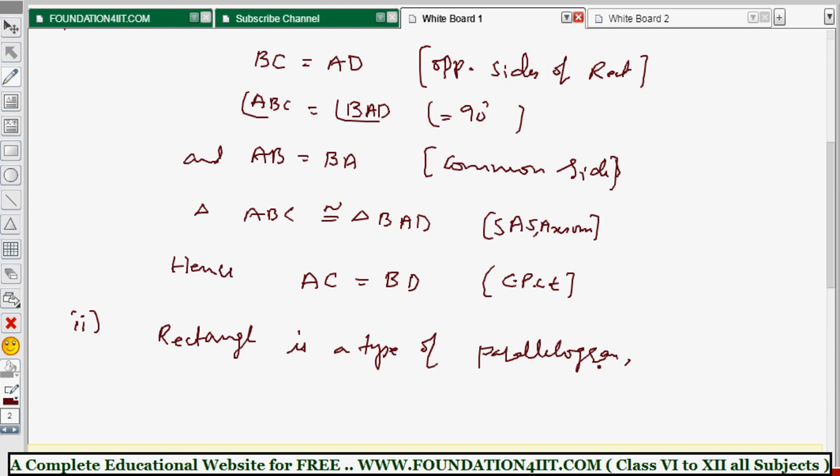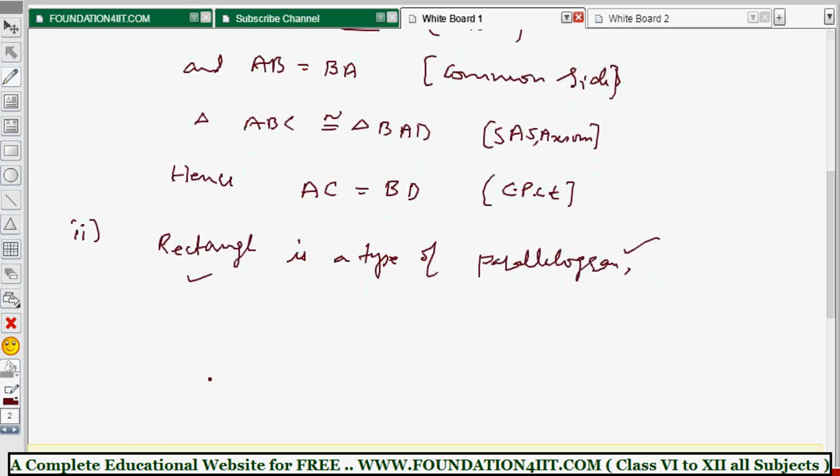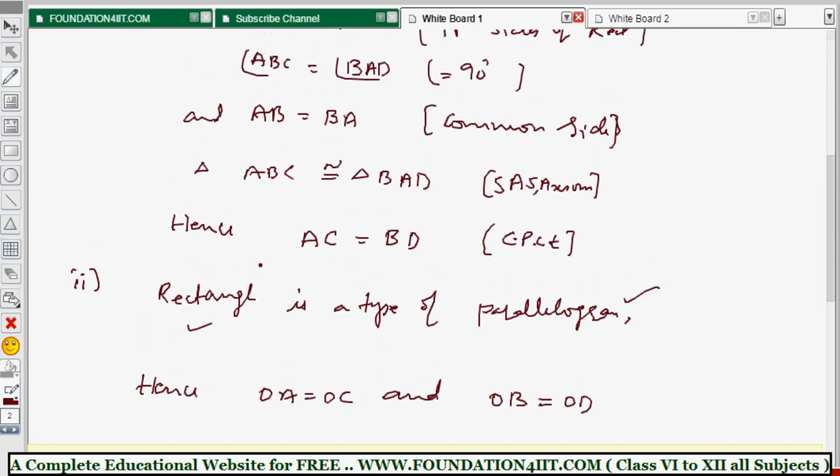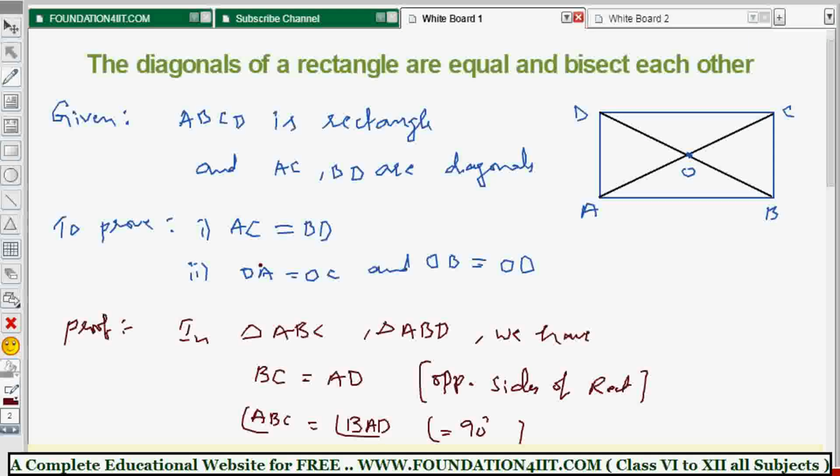We know that in a parallelogram diagonals bisect each other, so diagonals of a rectangle also bisect each other. That statement we should write. Then we can conclude, hence OA equals OC and OB equals OD, because in a parallelogram diagonals bisect each other. Right? This way you can prove the diagonals of a rectangle are equal.